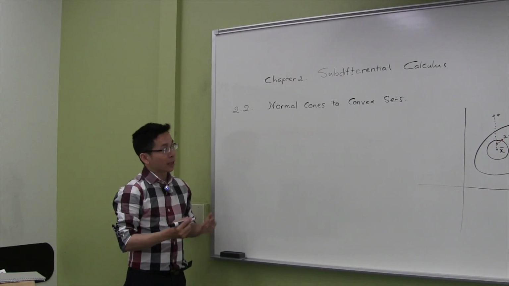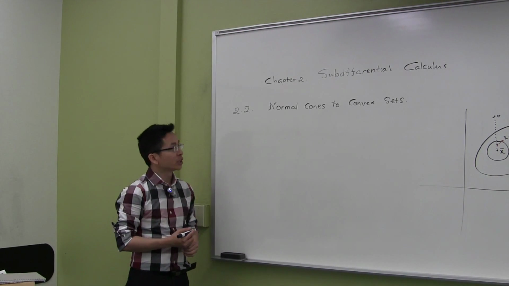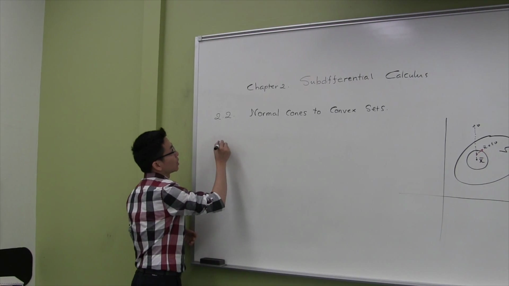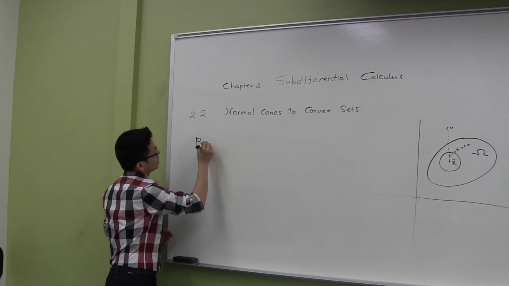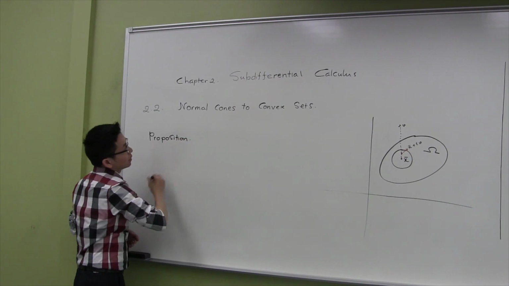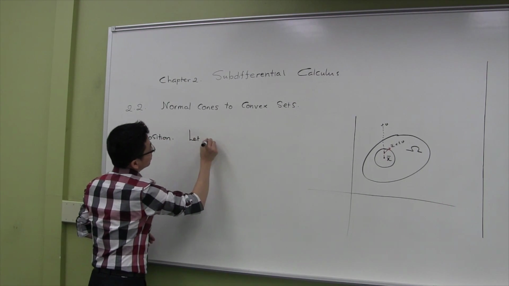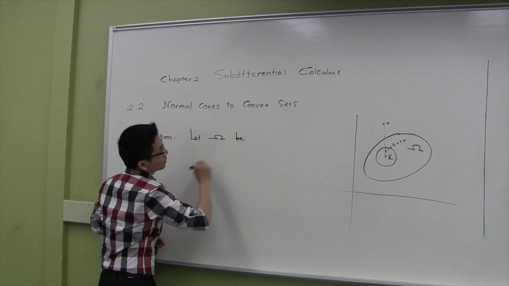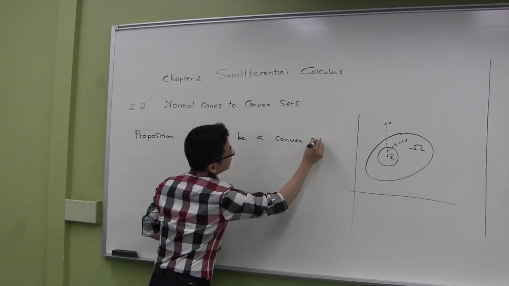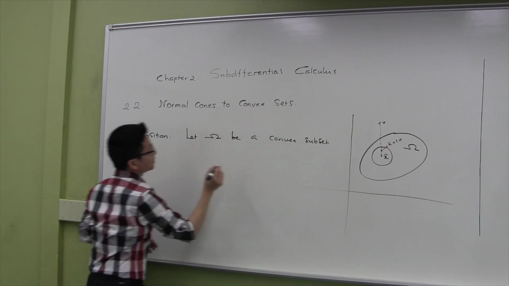Let me continue with another property of the normal cone to convex sets in Rn. This is the second proposition. Let omega be a convex subset of Rn.